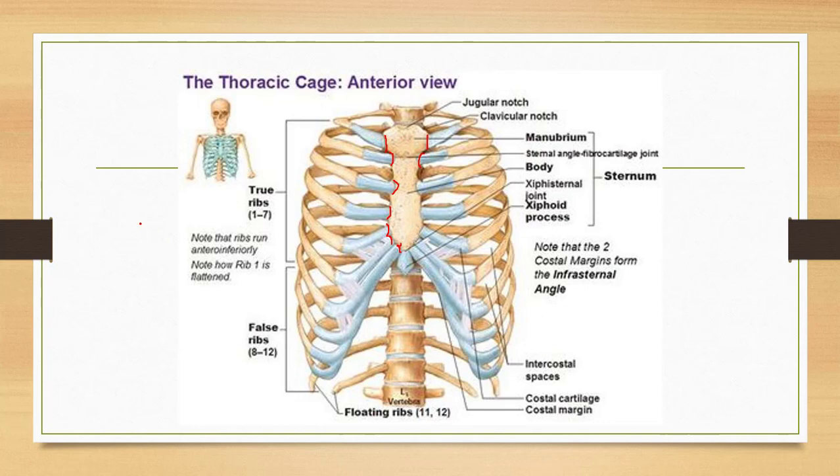So these ribs, which are attached directly with the body of the sternum, are called vertebrosternal ribs, and they are referred to as true ribs. So ribs 1 to 7 are true ribs because they are directly attached with the body of the sternum.